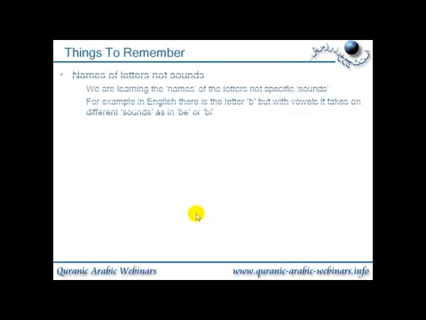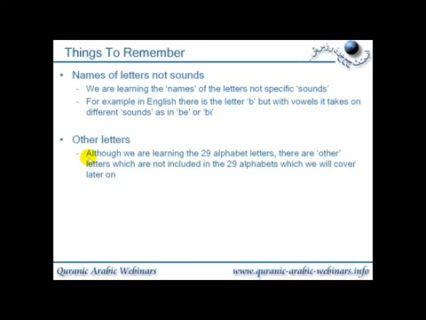Things to remember. We are learning the names of the letters, not specific sounds. So for example, in English, there is the letter B, but with vowels, it takes on different sounds, as in B or by. Other letters.